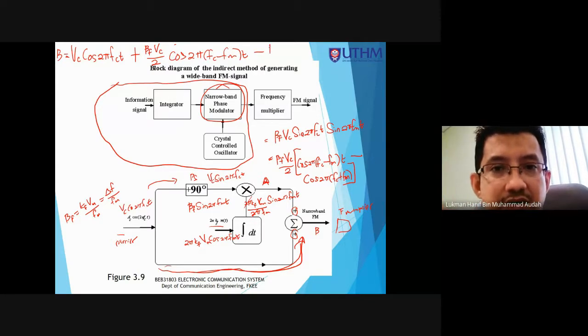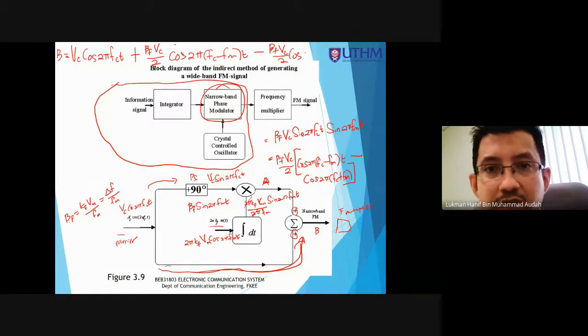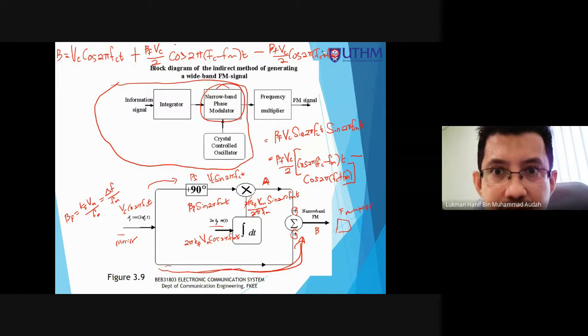Minus beta f VC over 2 cos 2 pi (fC plus fM)t. Ini tak nampak, saya buat kat bawah. Saya nak nampak sini. So saya padam.